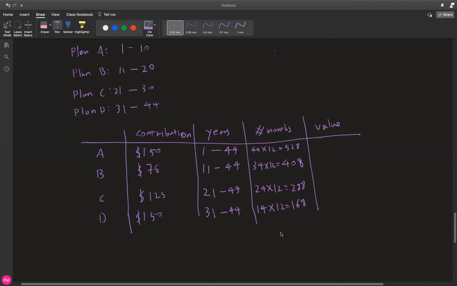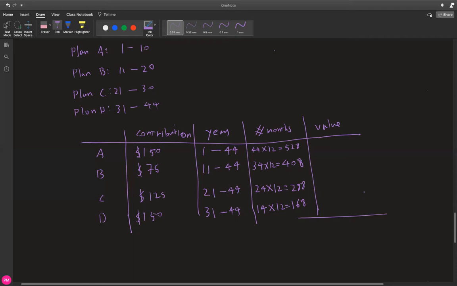So the total value for this whole retirement plan should simply be just adding up these 4 numbers. That's all it is.